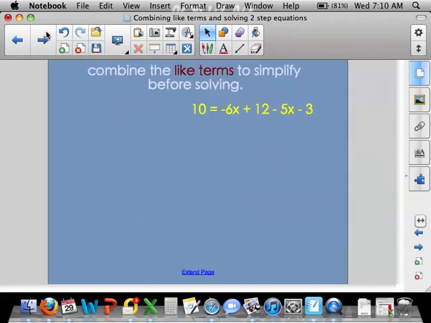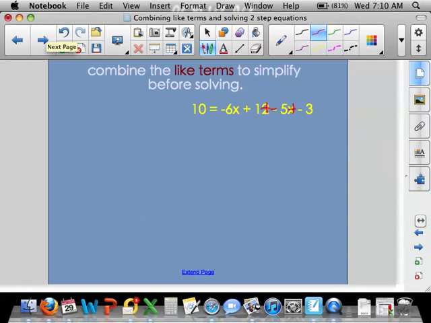Okay, another example. Let's combine like terms before solving. So we keep, change, flip. We have 10 is equal to negative 6x and negative 5x, which makes negative 11x. And 12 plus negative 3 would be 9. Now we just solve it like a two-step equation.